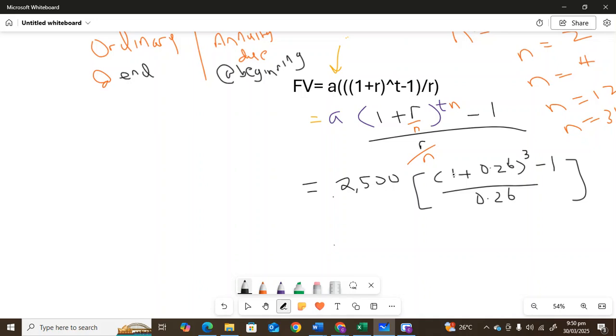So let us solve. 1.26 to the power 3. What do we get, colleagues, when you say 1.26 to the power 3? 2.003. Minus 1, divided by 0.26.